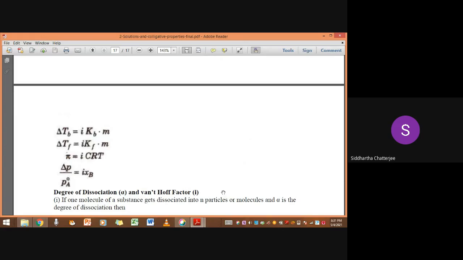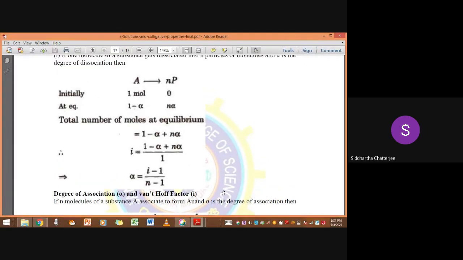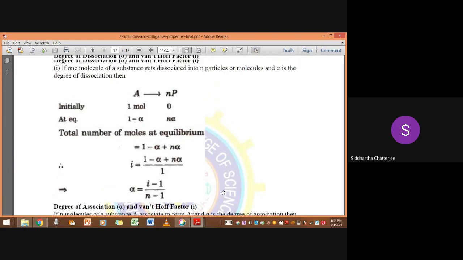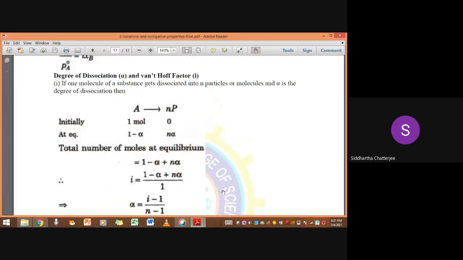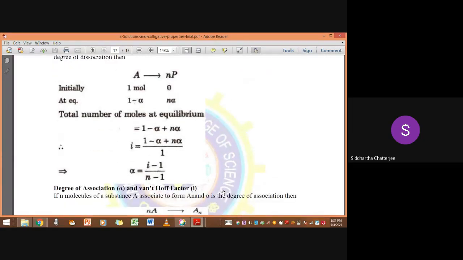Now for an ideal solution, you will find always i equals 1. As I have already explained, the degree of dissociation is alpha equals (i minus 1) by (n minus 1), where one molecule of substance gets dissociated into n particles, so n means the number of particles after dissociation.